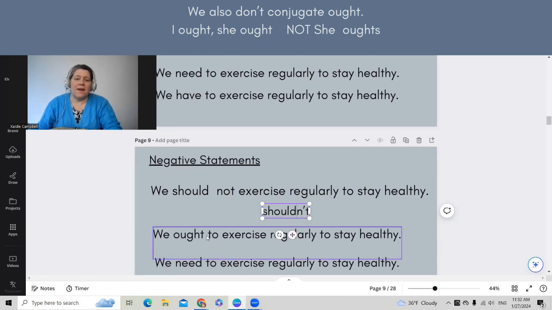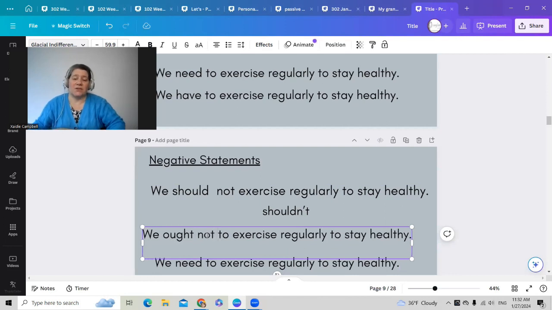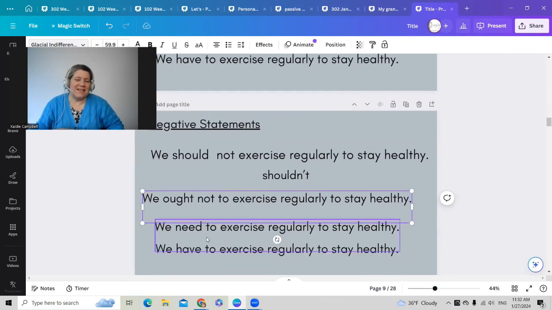Okay. In this one, the reason people say that ought to is a modal is because we don't use the auxiliary do here. We would say ought not to exercise. And it's a little odd.